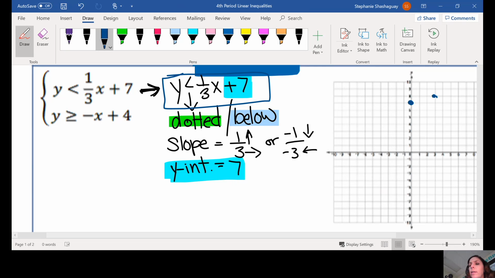Up 1 and to the right 3. 1, 2, 3. I can also go down 1 and to the left 3. 1, 2, 3. Oops, kind of moved. Down 1 and to the left 3. 1, 2, 3. Okay, I have a dotted line. So just like that is fine.